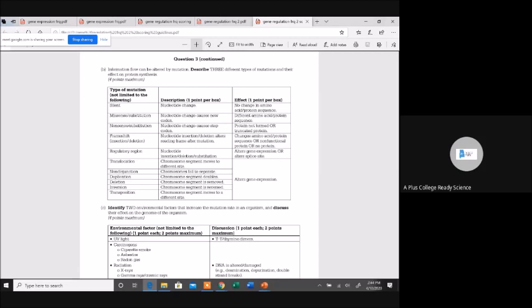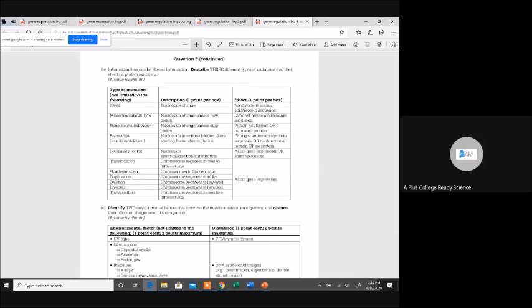So a nucleotide is changed. Maybe we were supposed to have AAA, but instead we get ACA, and AAA and ACA code for 2 different amino acids. So we get a different amino acid, we end up with a different protein sequence, and that protein doesn't function the way it's supposed to function.